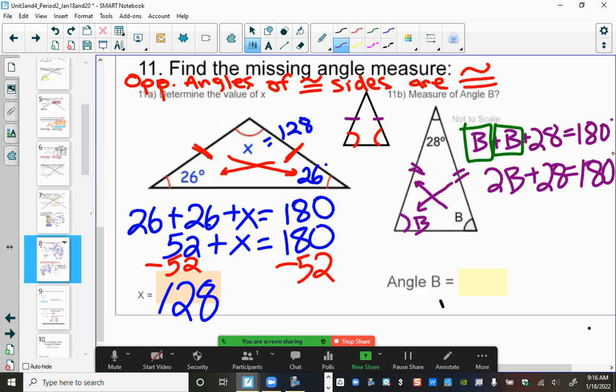Now, do we have enough information to solve for B?